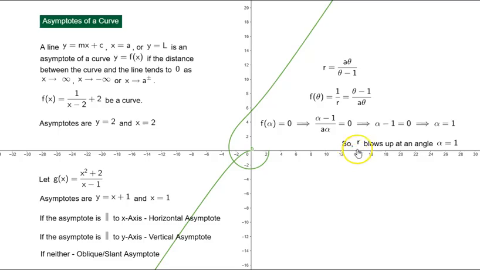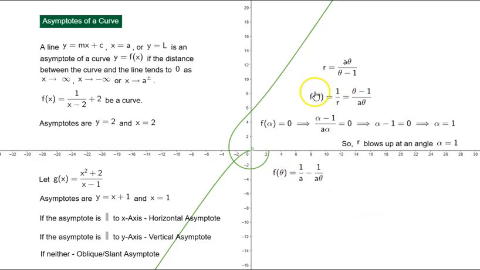We have the fact that when the angle is equal to 1, r will blow up when f theta equal to 0. Think of it like cross multiplying it. We will end up with r is equal to 1 by f theta. So f theta is equal to 0 means r goes to infinity. So that is how we say r blows up at an angle alpha equal to 1.